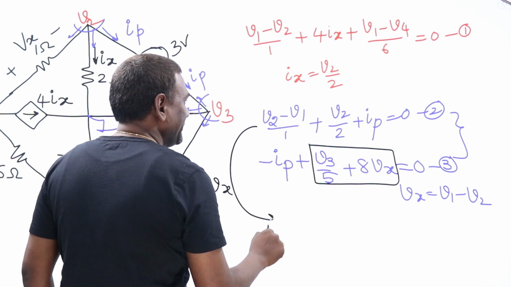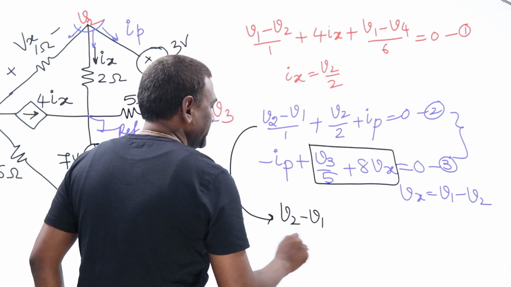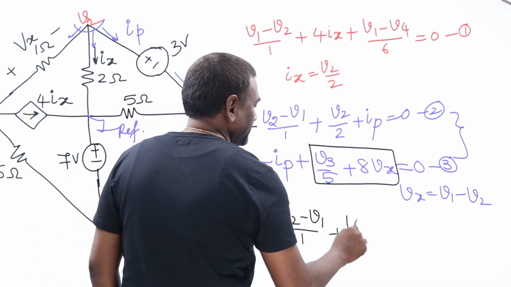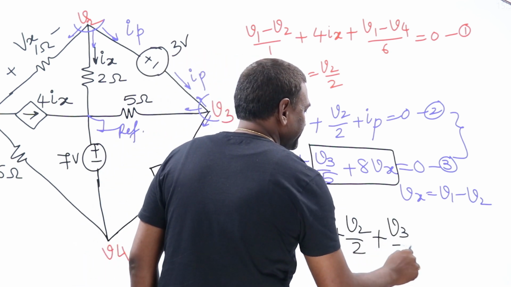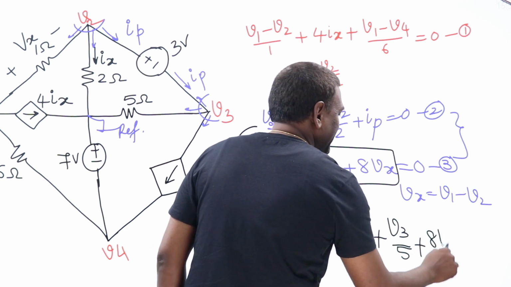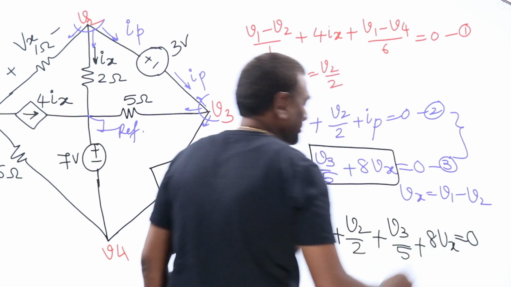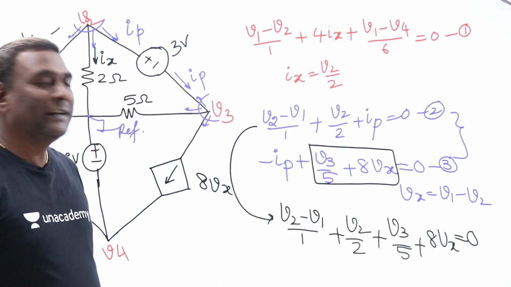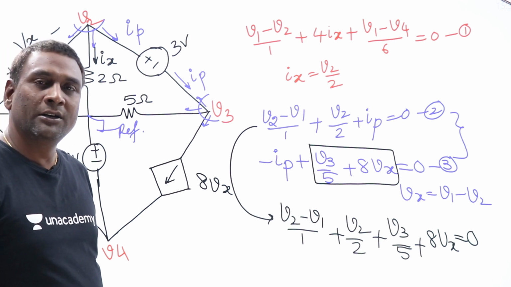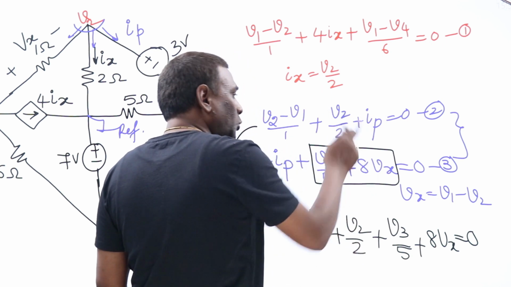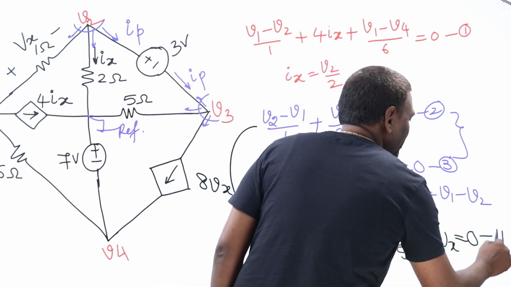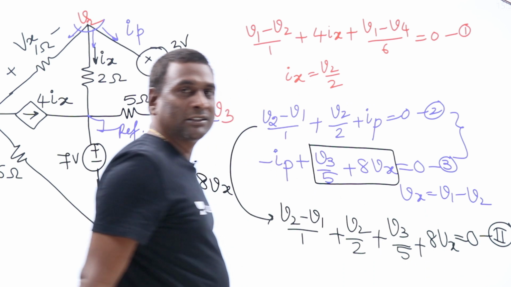So if I write the equation here, (V2 minus V1)/1 plus V2 by 2 plus V3 by 5 plus 8Vx equal to 0. IP got eliminated, yes. Now this is going to be the second equation. 2 and 3 combined, one equation I got.